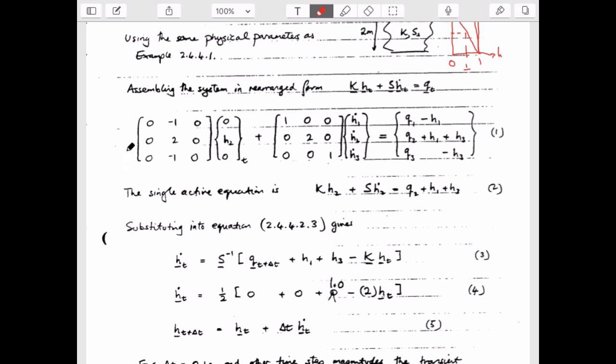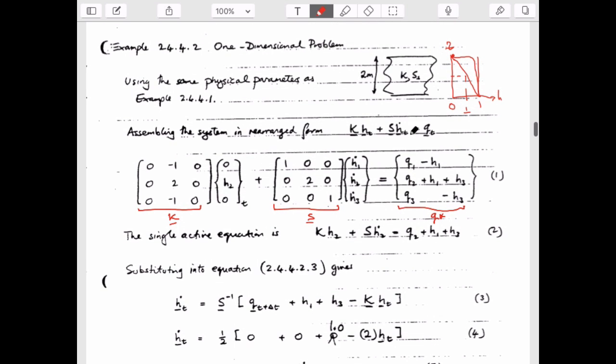And so we have the conductance matrix rearranged for the boundary conditions. We have the storage matrix or capacitance matrix rearranged for those boundary conditions. We have what we've called before Q star, which is the flux vectors, but also the rearranged boundary conditions in it.